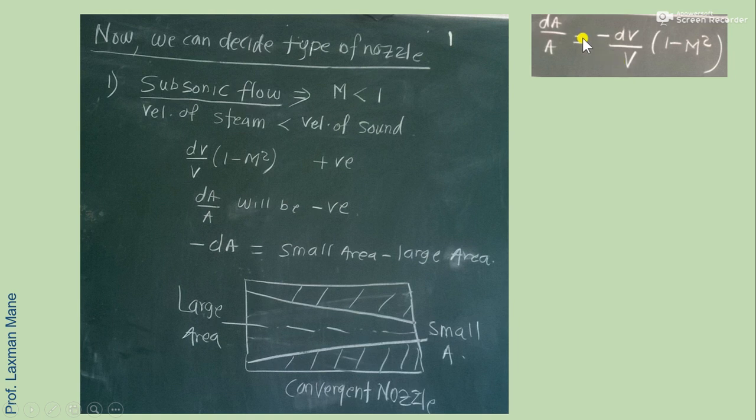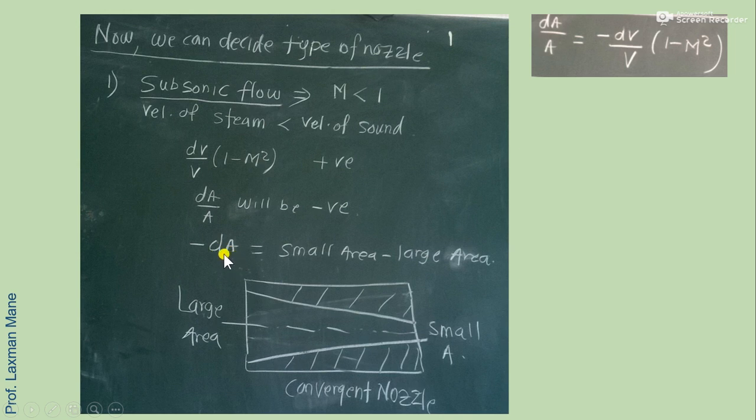As we have dA by A is equal to minus dV by V bracket 1 minus M square bracket complete, see, if Mach number is less than 1, this complete expression will be positive, because minus minus is plus. If this expression is positive, the left side will be negative, dA by A. Now as the ratio is negative, dA is negative.